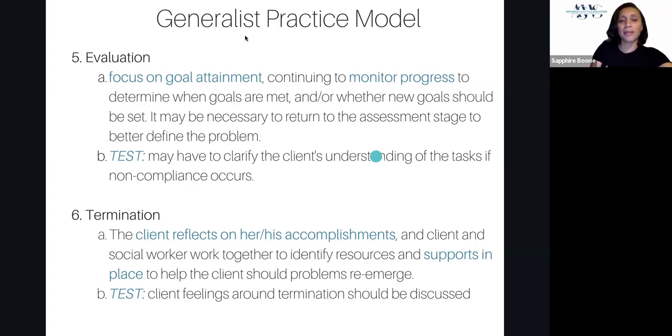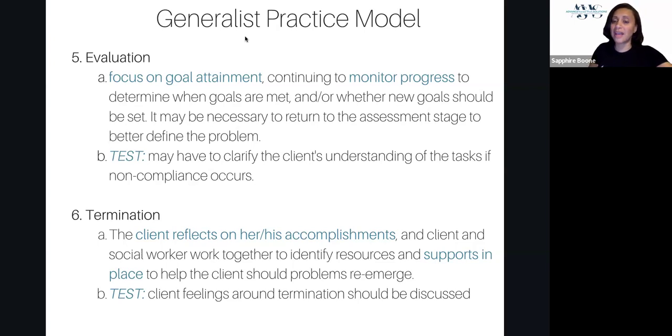Then we have termination. Termination is when our clients have accomplished something, they have some type of progress. If our clients do not have progress, we should not be terminating. Okay. If our clients are not making progress and are still willing to meet us, then we should not be terminating.